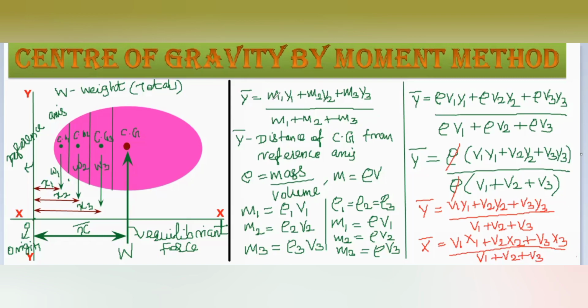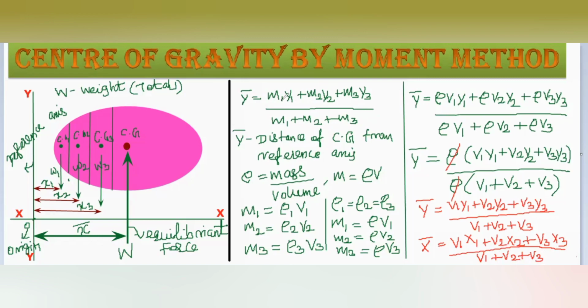When the masses of the objects are given, like in terms of mass, moment of inertia or something, to find out the center of gravity, we will use these formulas in terms of mass.